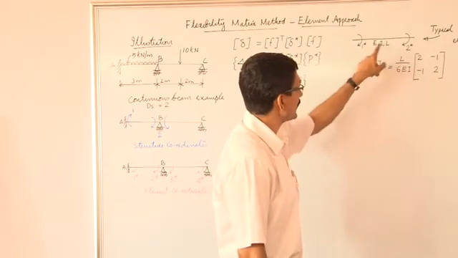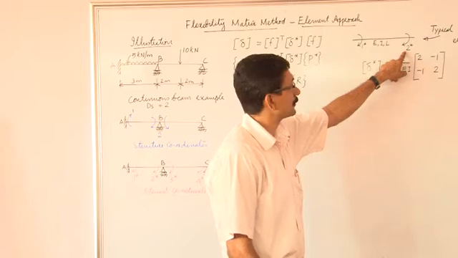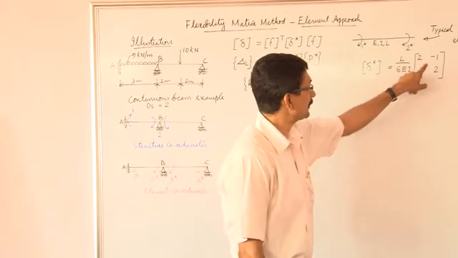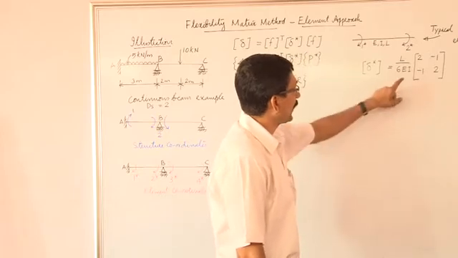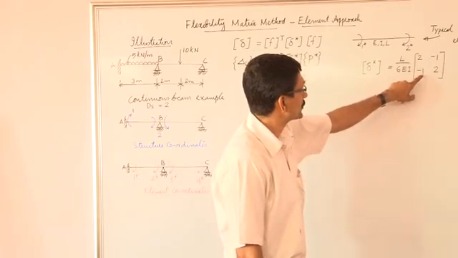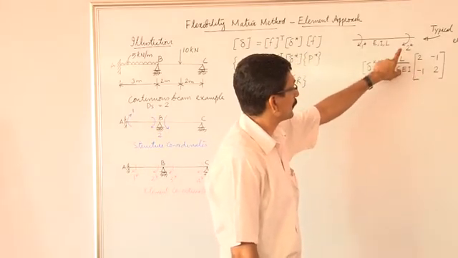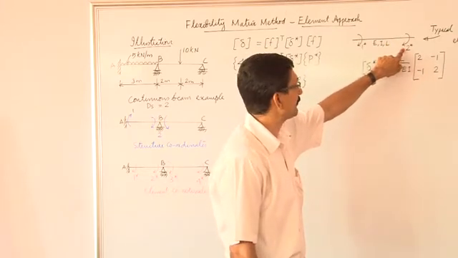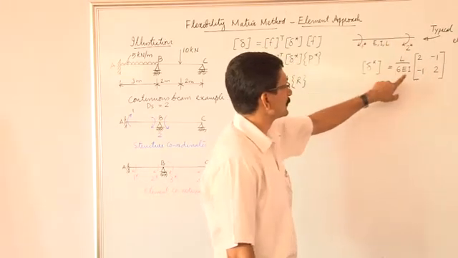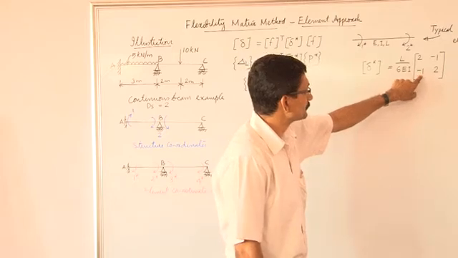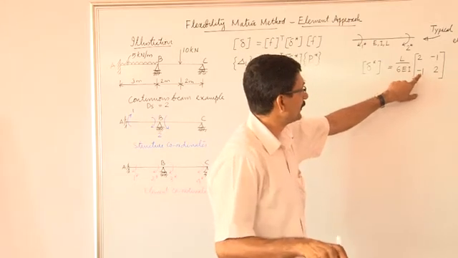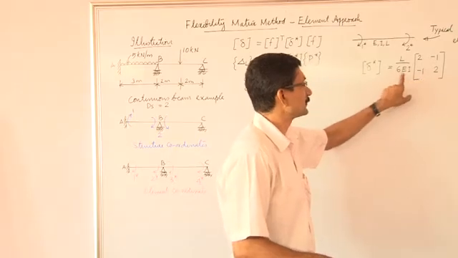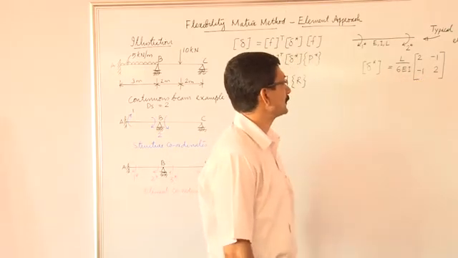The rotation produced at the other end will be minus L divided by 6EI, and when we apply a unit moment at the other end, the rotations would be minus L divided by 6EI and plus L divided by 3EI. They are the components of this particular matrix.